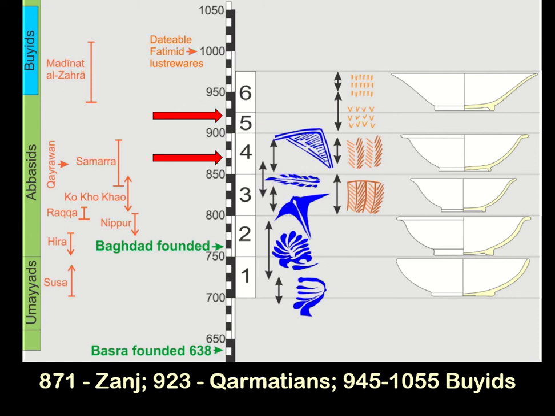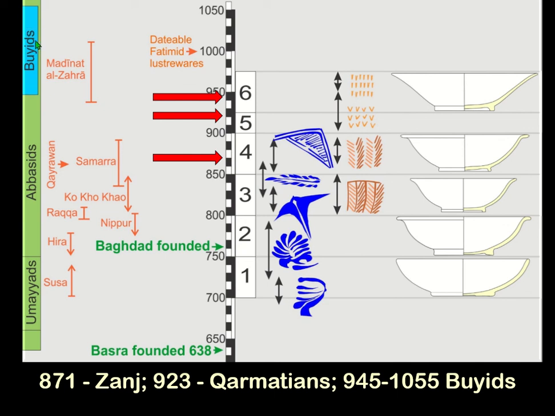Then another interesting thing is we have the Boyids. The Boyids were a Persian dynasty from Iran, and they were also Shia, and they conquered, and you can see that this green, so these are caliphs. The Boyids weren't caliphs, they were just running the shop, and they carried on having an Abbasid caliph. And so for a while they were running things.